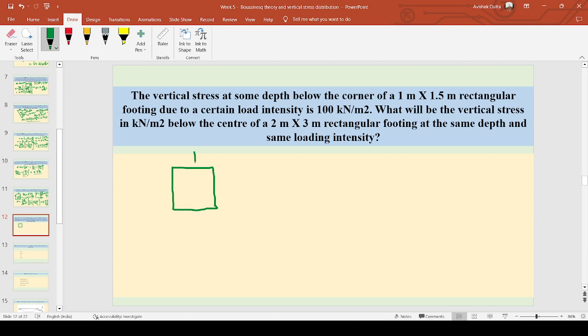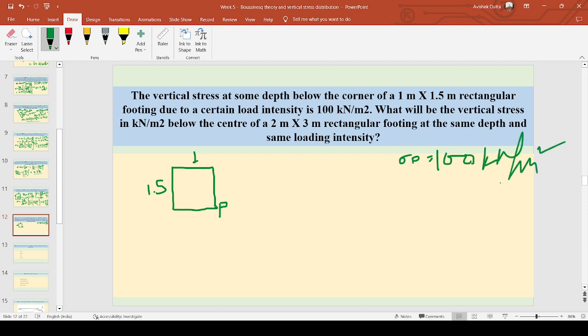This is 1 and this is 1.5. Below the corner, at this point, suppose this point is P, the vertical stress is 100. So sigma p is 100 kilonewton per meter square.